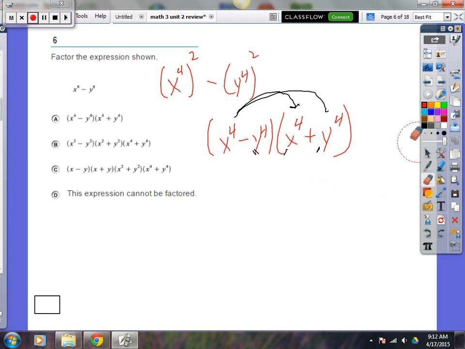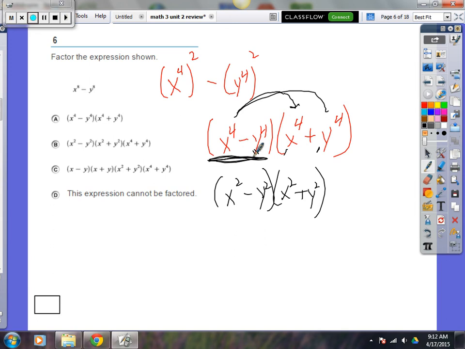And that is because this first group right here, you can factor that one again. So I can break this one down to x squared minus y squared times x squared plus y squared. So this red one is going to factor down into these two groups. And then let's just put this one there, x to the fourth plus y to the fourth.